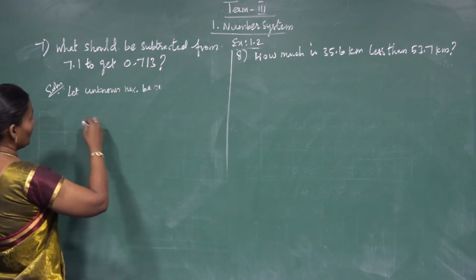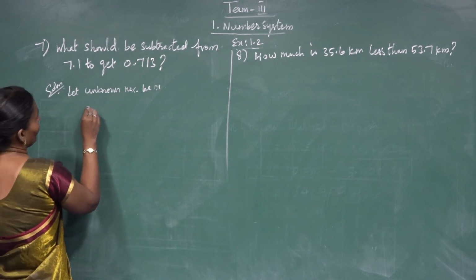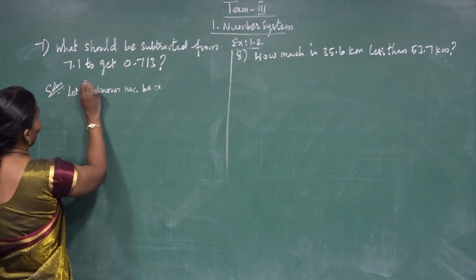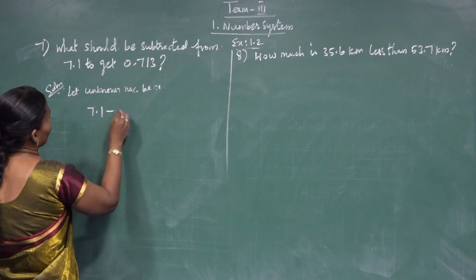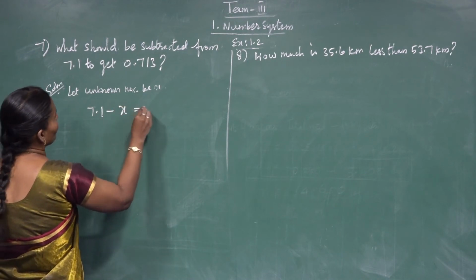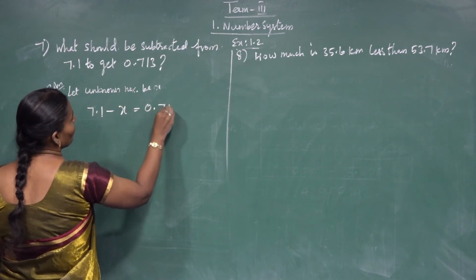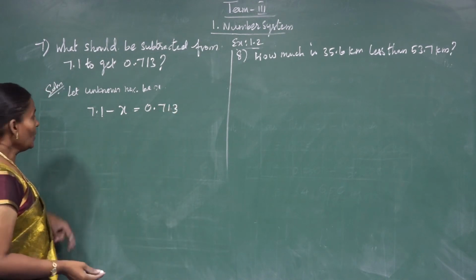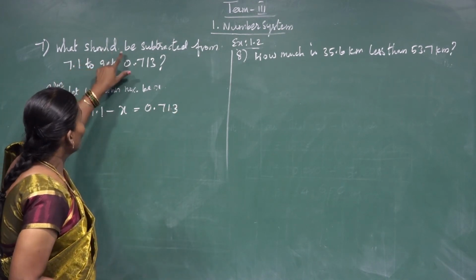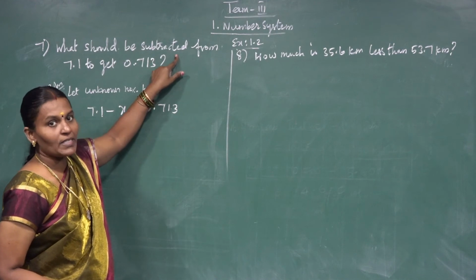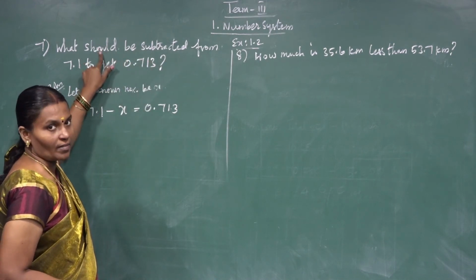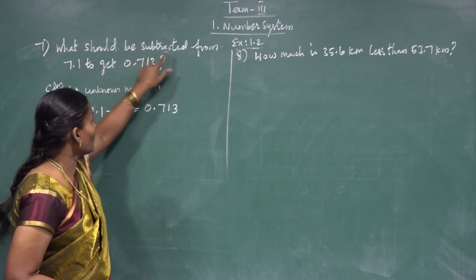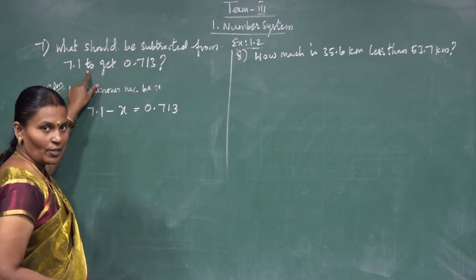How do you write that equation? 7.1 minus x is equal to 0.713. What should be subtracted is the unknown, so you consider that number x.